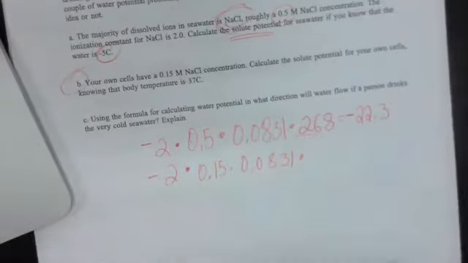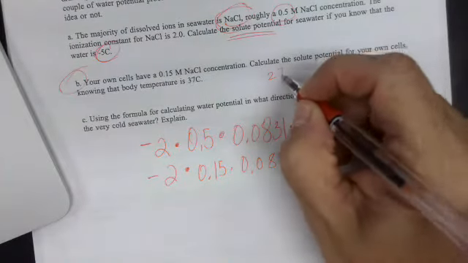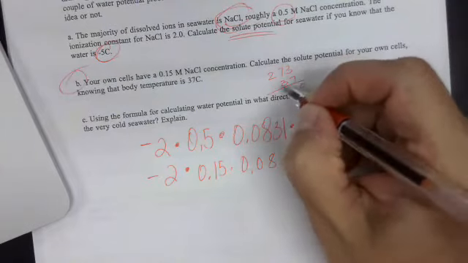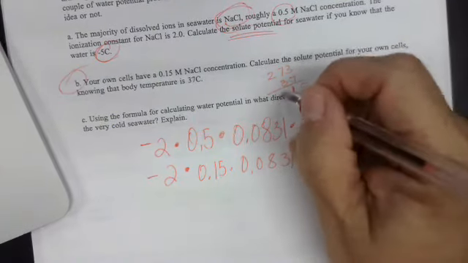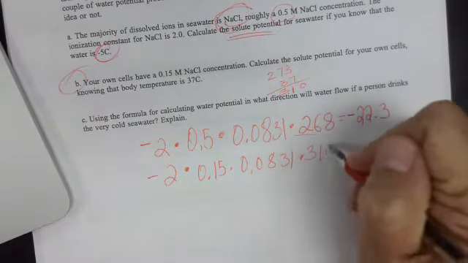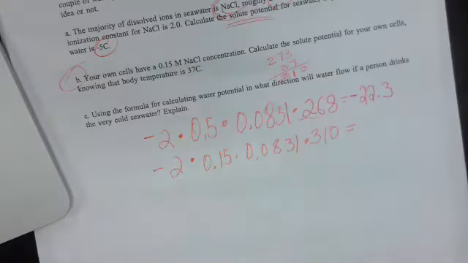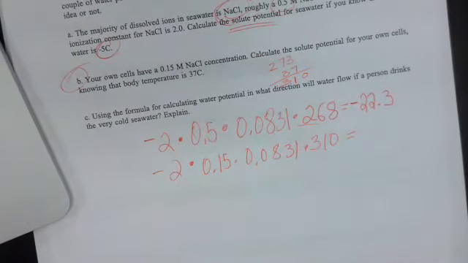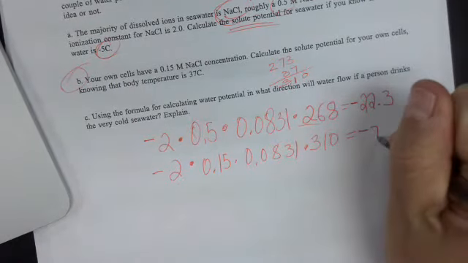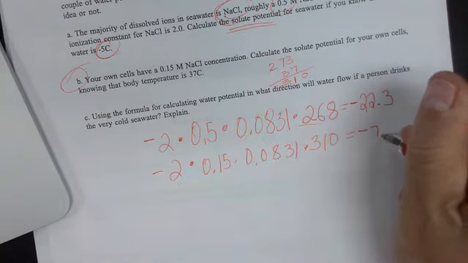So we're at 37. 273 plus 37 should be 310. All of that is going to be equal to a negative 2 times 0.15 times 0.0831 times 310, which gives me a water potential of our cells to be a negative 7.7.